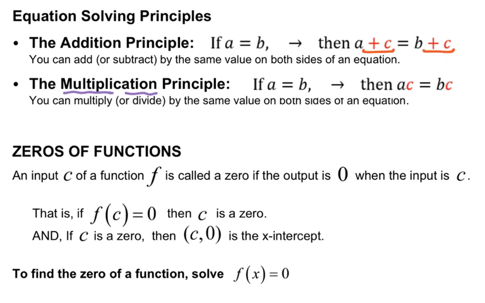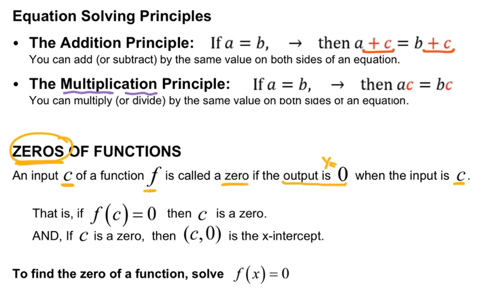And we do have a new vocabulary term here we want to talk about, and that's the zeros of a function. Basically a zero is some C value. C just represents a number. And so for any C value of the function f, it's called a zero if my output, or y, is equal to 0. Right?